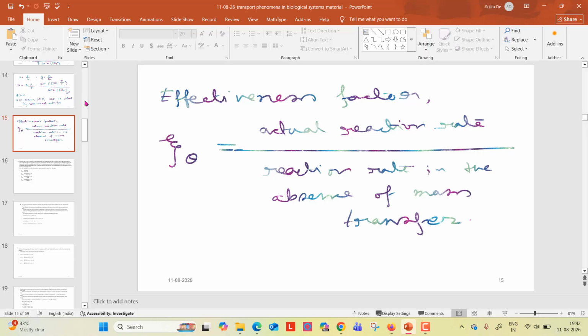Okay. So if you put these values, the details are given in the lecture.